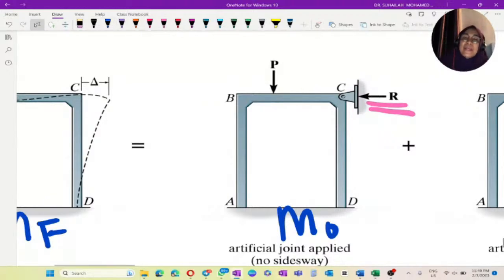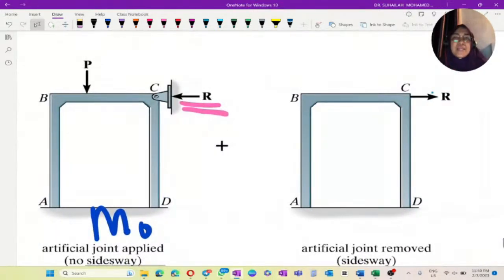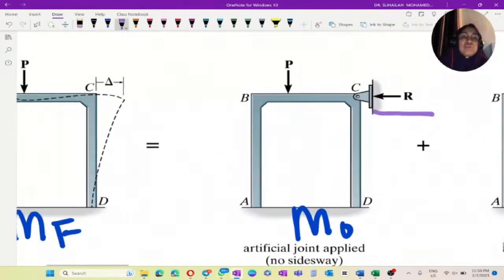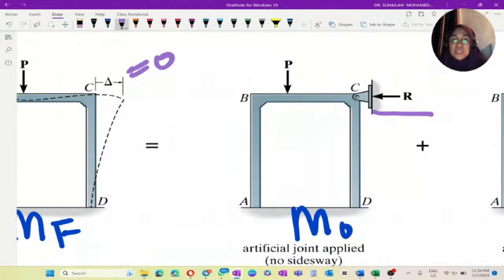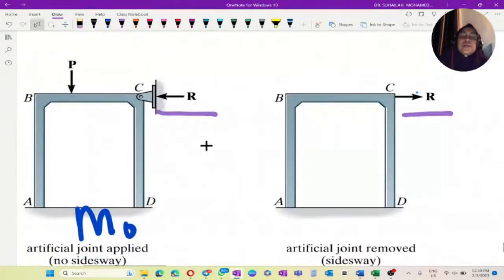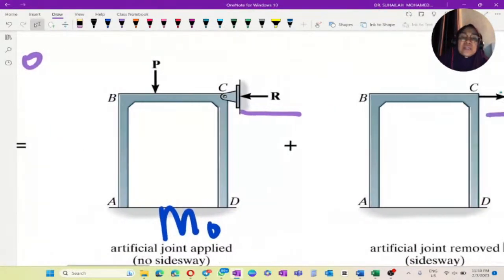By applying the principle of superposition, we will get like this. It means that we have to neutralize the R. If this is negative R, we will have positive R, so that we will get back 0. Here the R is 0, there is no R actually.